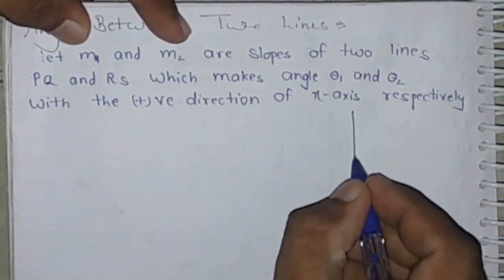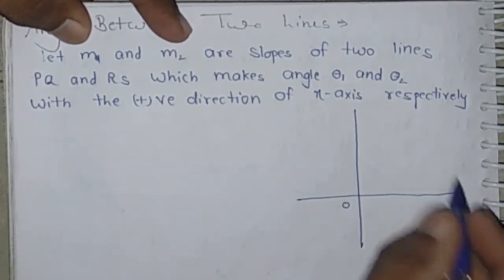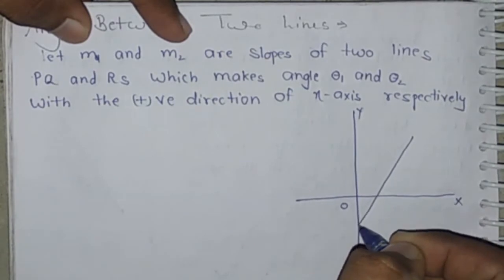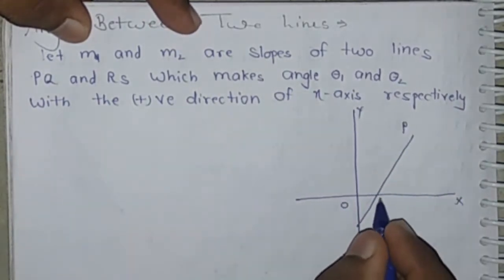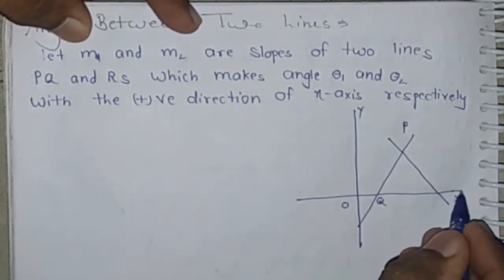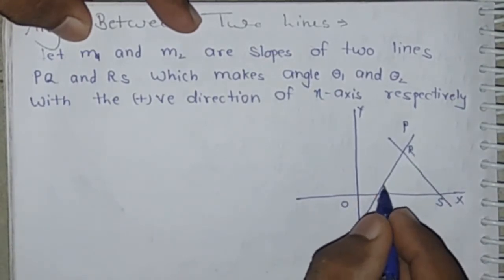That is, if there are two lines, first is PQ and another is RS, which makes an angle theta 1.